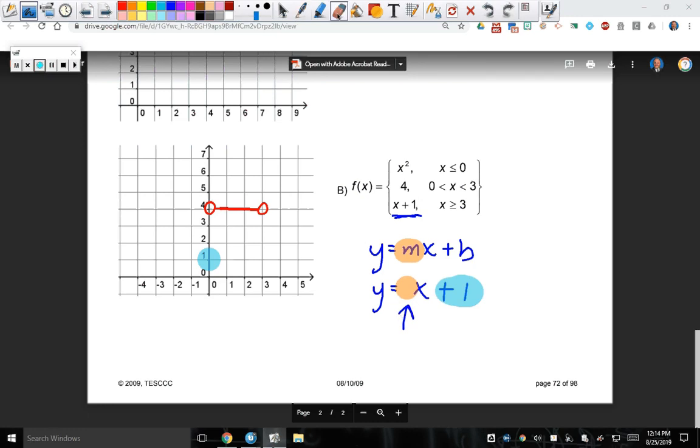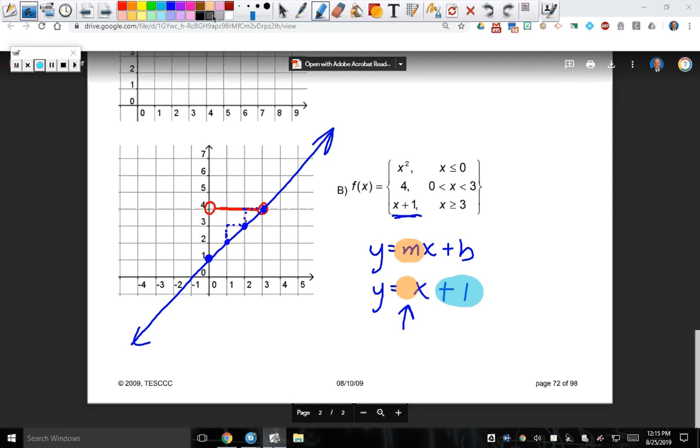So let's go ahead and go to the graph. By hand I should be able to start at 1 and then go up 1 over 1. Put a point. Up 1 over 1. Put a point. And basically it's this line that would go on forever.